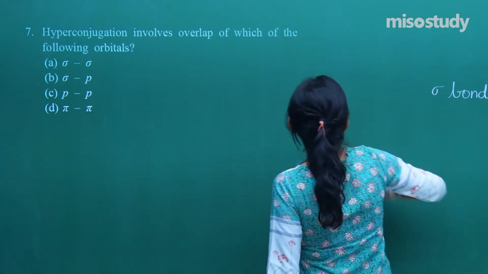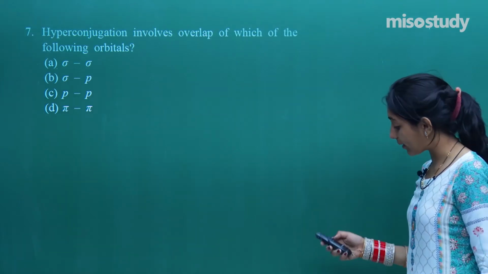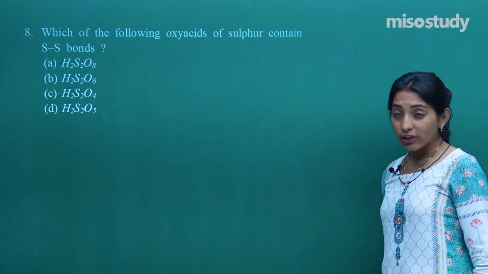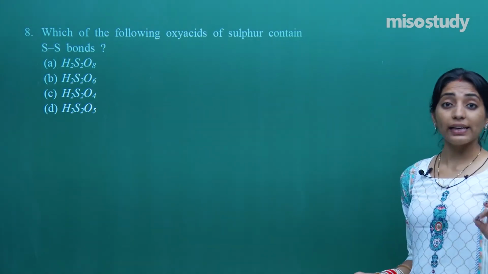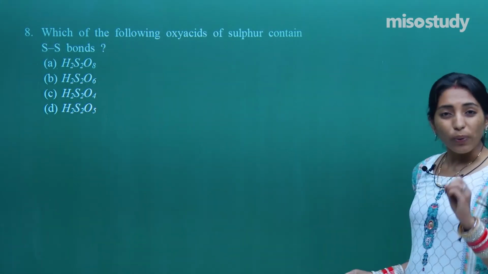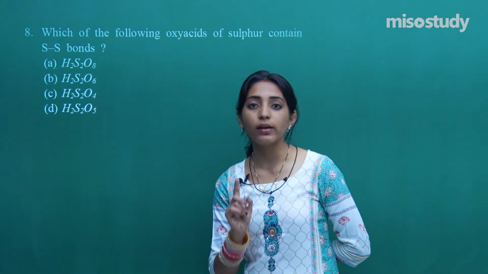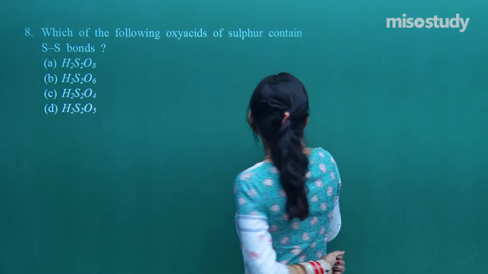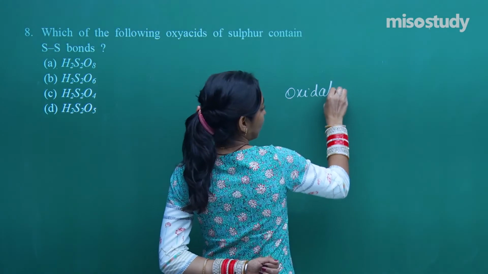Now when this is also done, we need to move on to the next question, which is question number 8. Question 8 says, which of the following oxyacids of sulfur contain an S-S bond? Guys, one very simple explanation to this question I have given in class also: first of all, calculate the oxidation state.